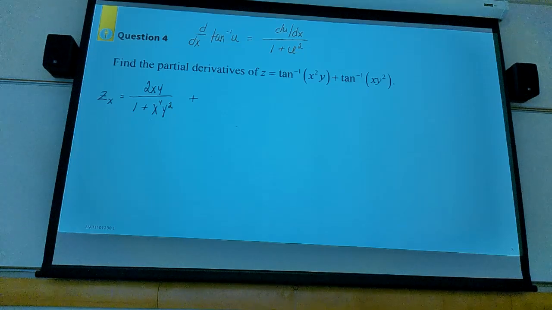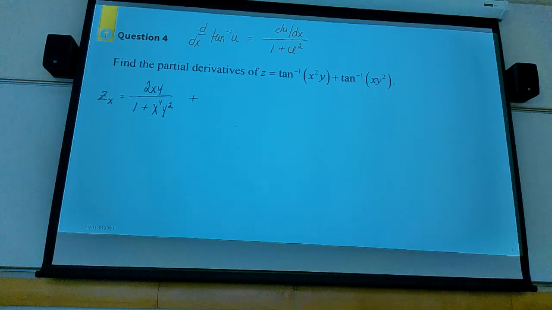In the second, what are we taking the inverse tangent of? What are you taking the inverse tangent of in that second function? xy squared is what you're taking the inverse tangent of. What is the partial of that with respect to x?